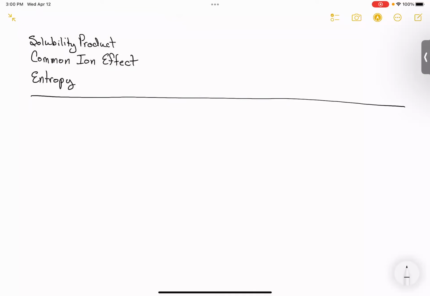Okay, so today we're going to pick up briefly where we left off on Monday with solubility product, because it does lead into the common ion effect, which hopefully after finishing your lab is not going to be that complicated. We'll go over the common ion effect.